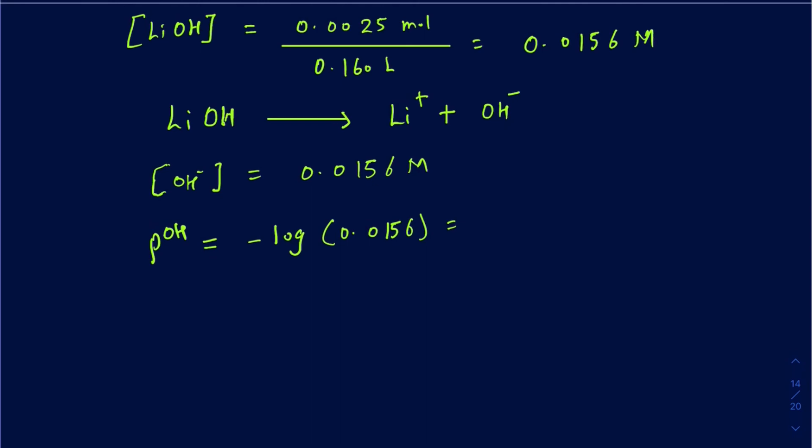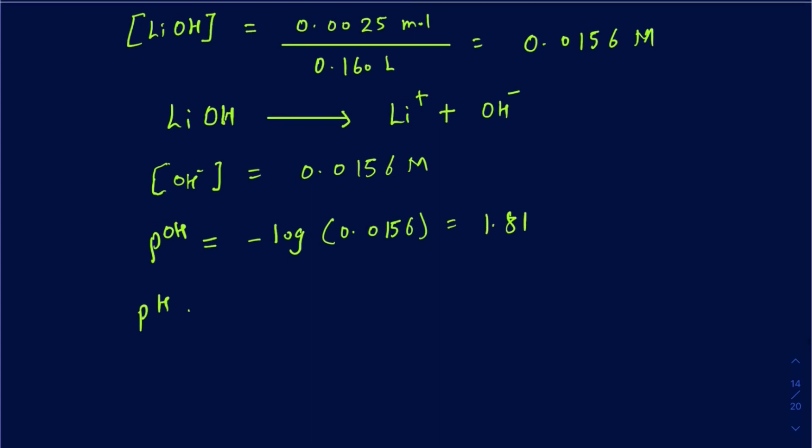Now let's see what that comes out to be. So negative log of 0.0156 is going to be 1.81, and then I can go back and calculate the pH by subtracting it from 14. So 14 minus 1.81. It's going to be 12.19.